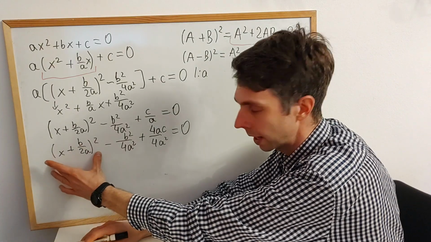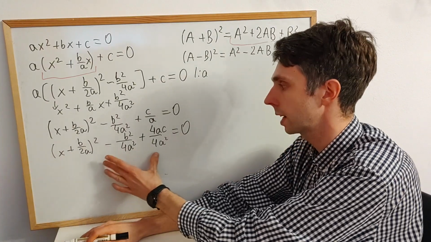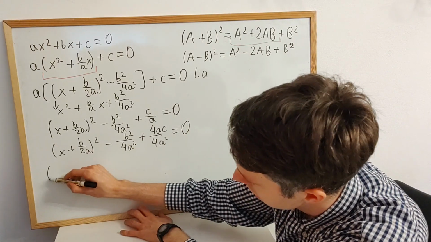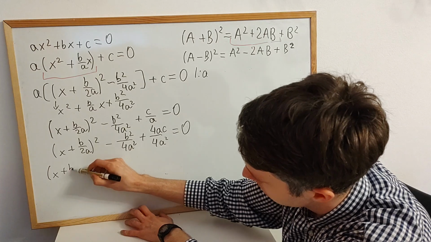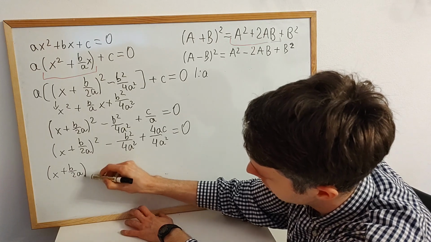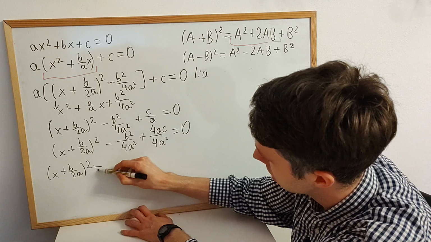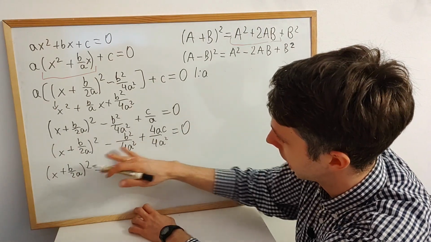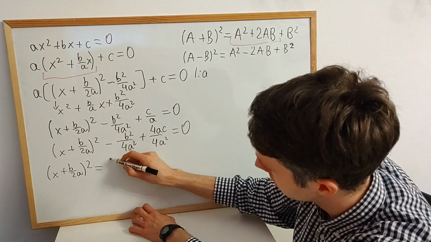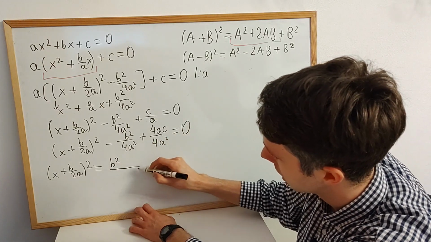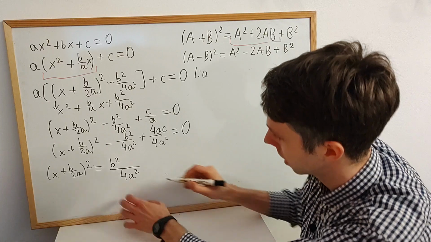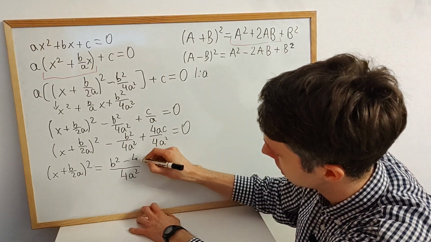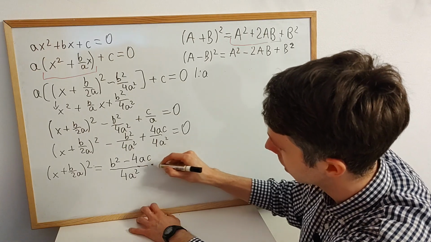And as before, I keep this on the left hand side and move everybody else to the other side, so it's (x plus b over 2a) squared equals, so this goes with plus and this goes with minus, so it's b squared, and let's take it as one fraction, minus 4ac.